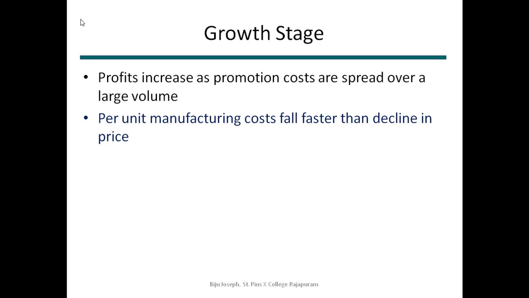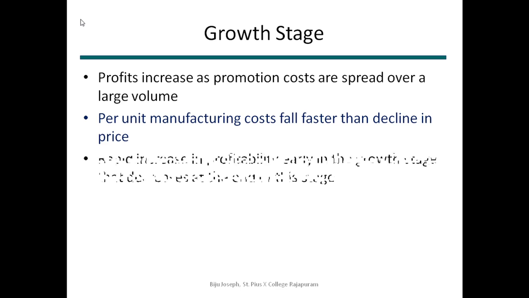In the same way, the fixed cost per unit also might come down. So as a result of all these declines in costs, you may be in a position to sell products at a lower price. So the per unit manufacturing costs fall faster than decline in prices during the growth stage.